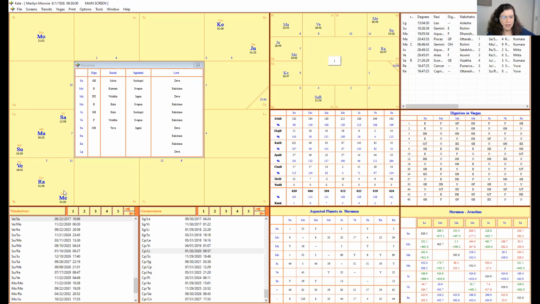So as we synthesize all this information together, it being in an enemy dignity, the fact that it is getting some help here from other planets more so than negative, it's kind of a mixed bag here.